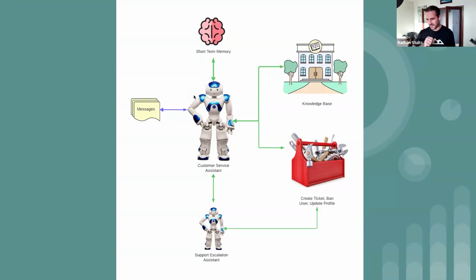What you'll generally end up doing as your assistants evolve and become more complex is you'll end up creating a suite of different assistants. And the reason for that is that AI is really smart, but just like a person, it can really only hold so many instructions at one time before it starts to get confused.